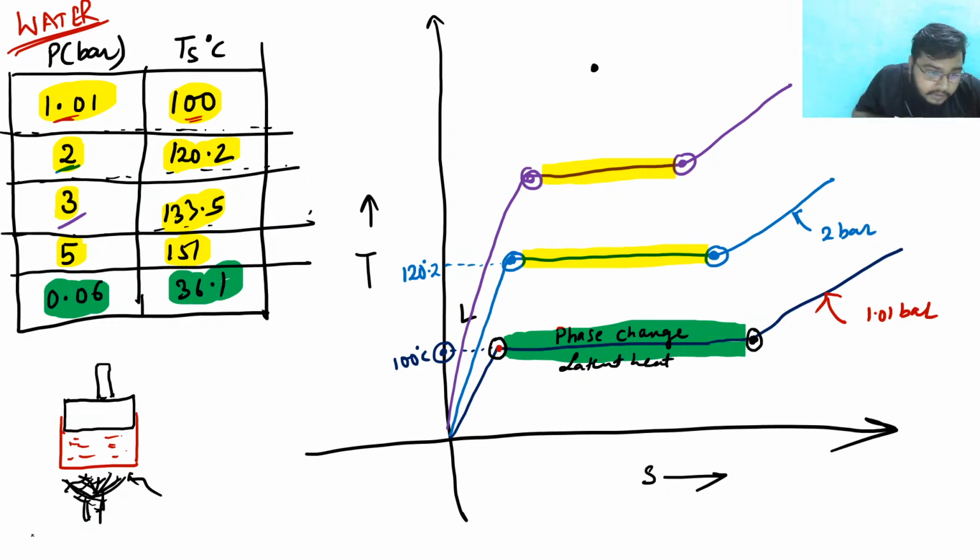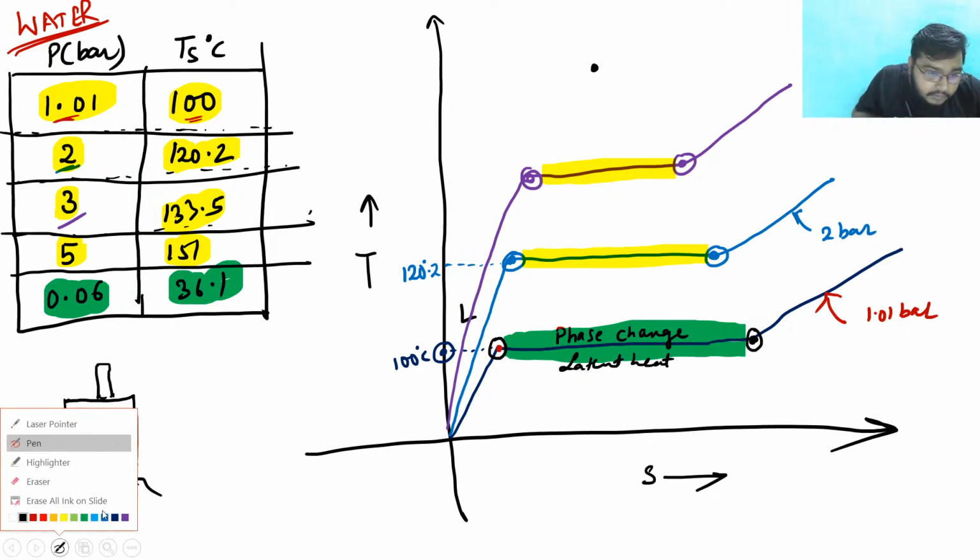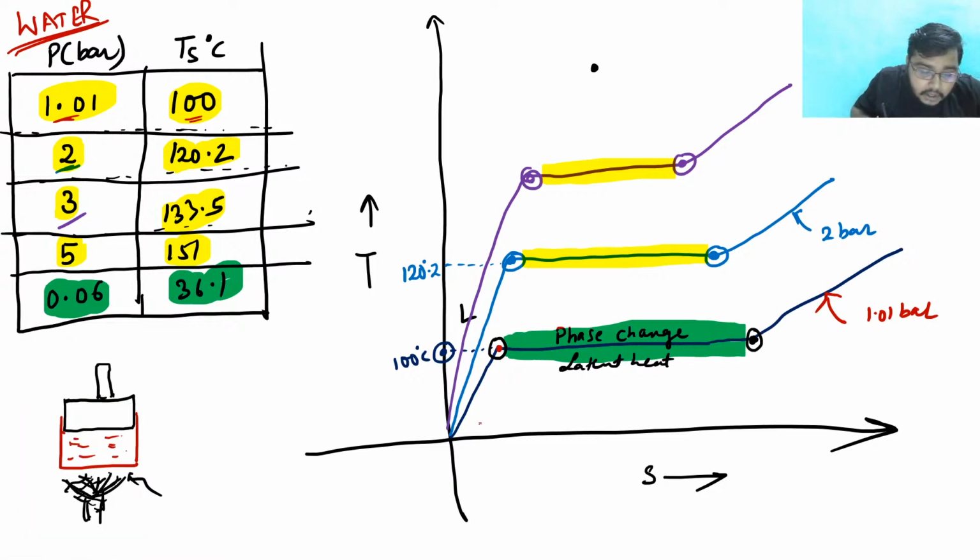And hence if I draw the locus of all these points, whatever points we have got, then I will have a nice dome shape structure for water. Clear?